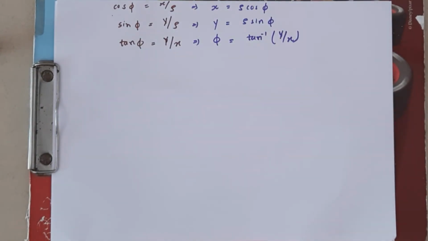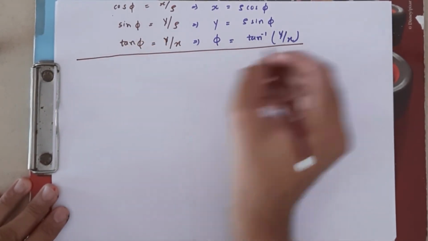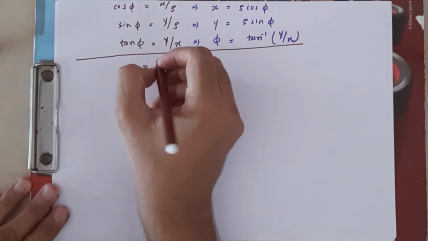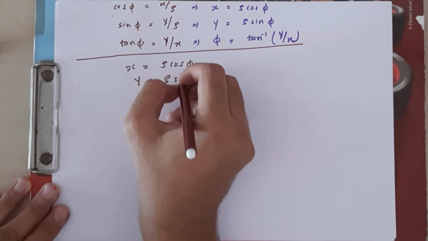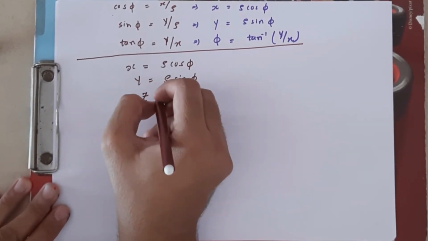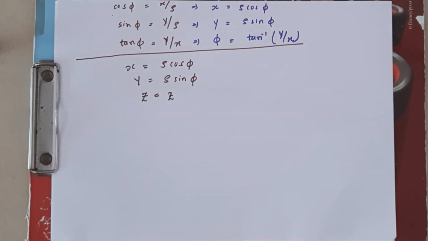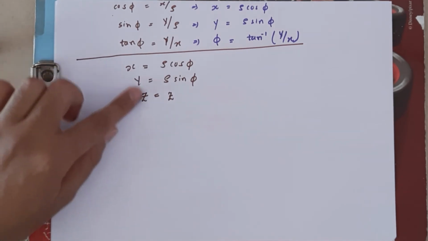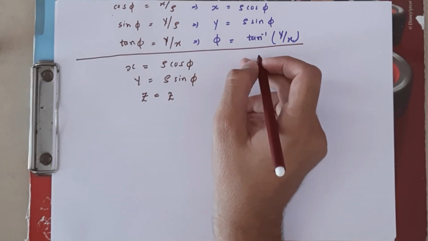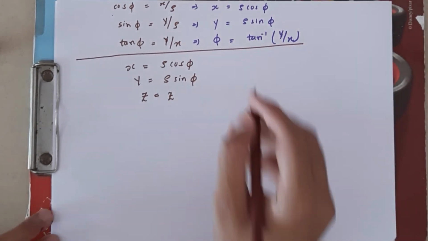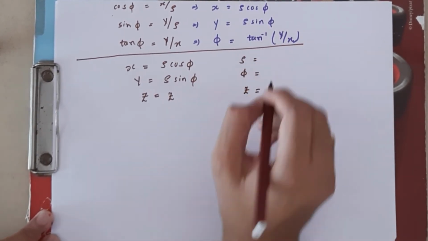So x is equal to rho cos phi, y is equal to rho sin phi, and z is equal to z, since both z are the same. Next, I have to write rho, phi and z in terms of the Cartesian coordinate system.